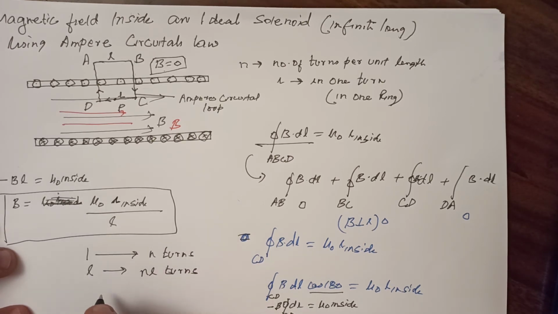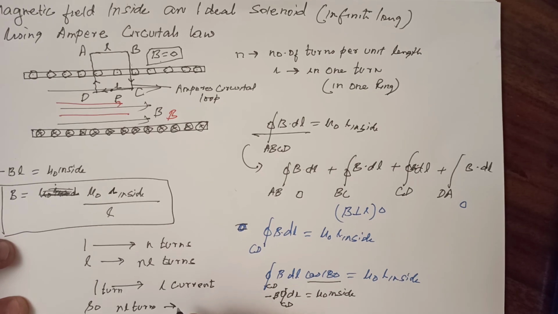Now one turn has current I, so nL turns would have nLI current.